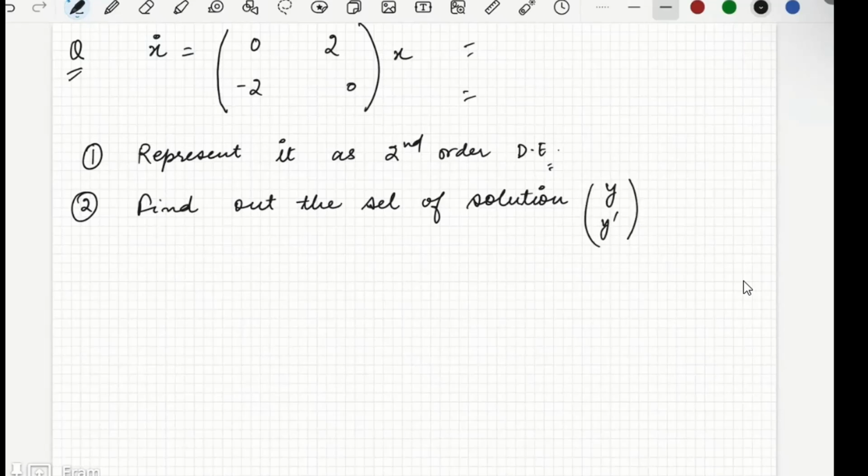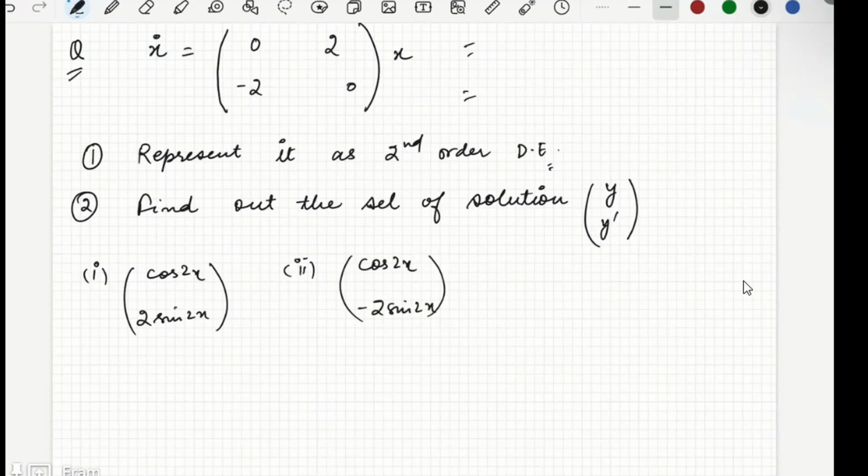We have options: first, cos 2x, 2 sin 2x; second, cos 2x minus 2 sin 2x; and third, cos x, sin 2x. Or we can take t, because that may confuse you.